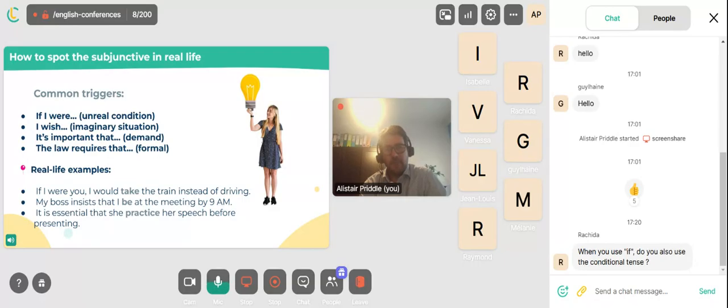But if we use if followed by the verb to be in the past, we use were. So if I were, but if is a common conditional sentence structure word. Okay, but it's not an obligation.